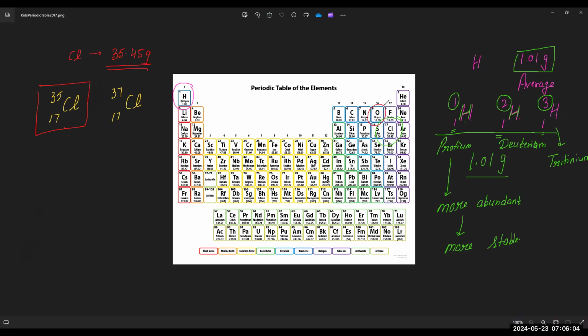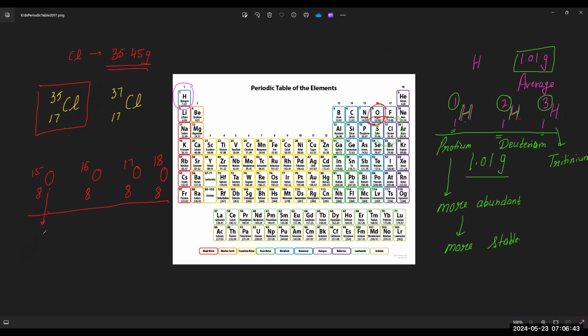Similarly, oxygen also has different isotopes: 8, 15; 8, 16; 8, 17; 8, 18. These are different isotopes of oxygen. Which isotope is very stable and very abundant? 16. And the atomic masses mentioned here are the average of all these. How to calculate the average? They will give you the percentage abundance.